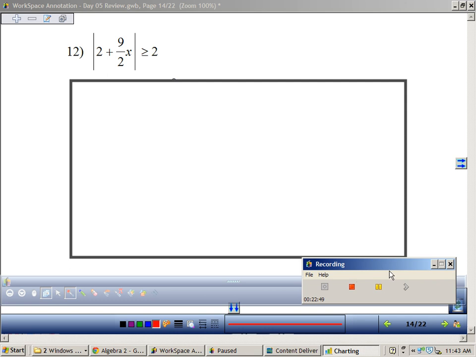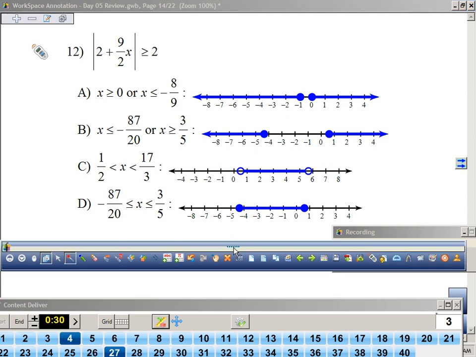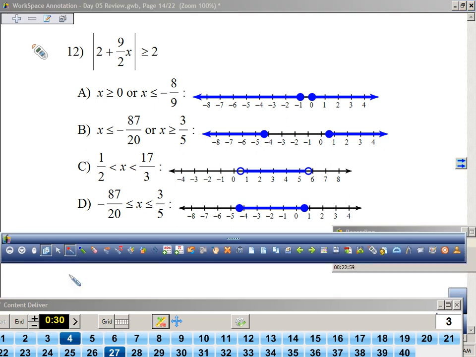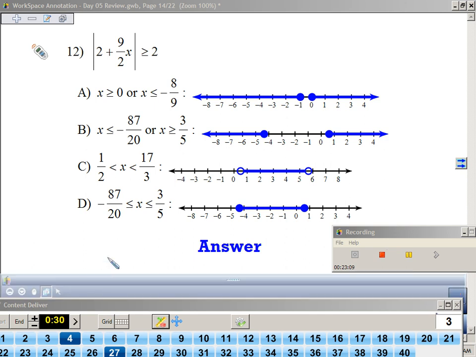All right, you guys try. I'm going to pause. Once you start doing this, let's think of a strategy here. What direction should we be thinking of? Greater. What does greater than mean? Does that mean numbers going further away or numbers going closer together?